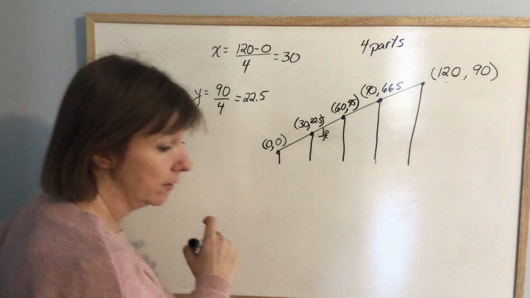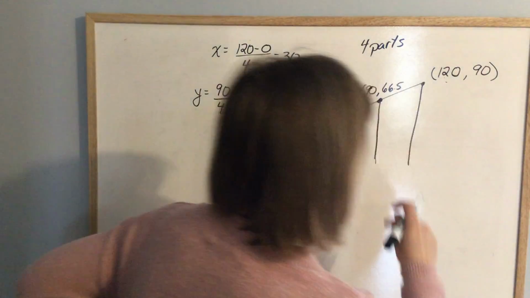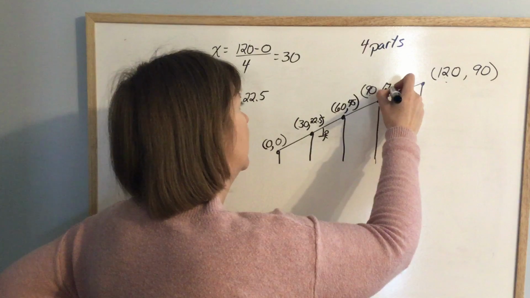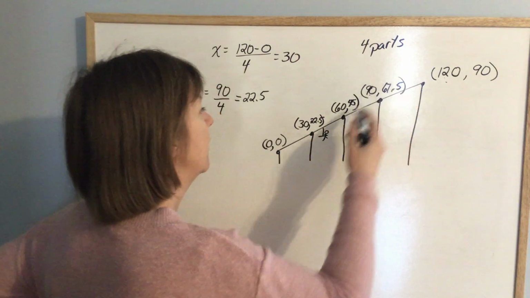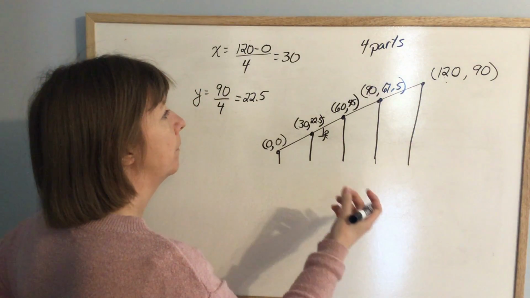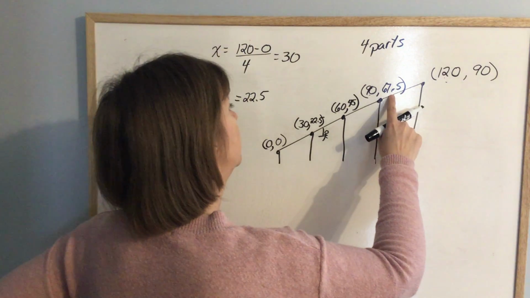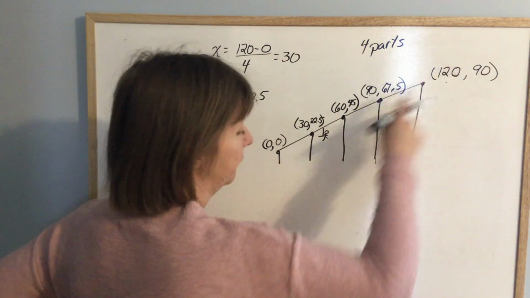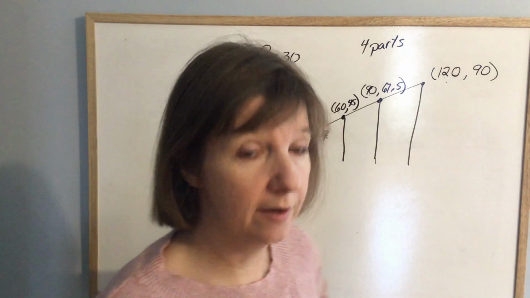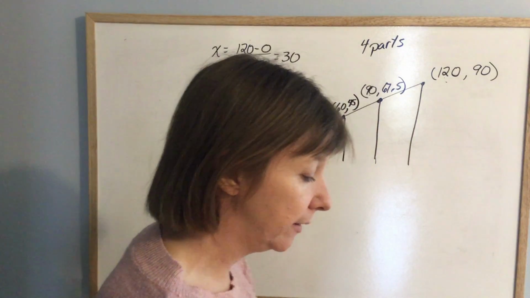Wait, I'm not sure. 67.5. I thought that 6 was wrong. 67.5, and then 67.5 plus 22.5 does in fact bring me to 90. You can check on the calculator, but it does.